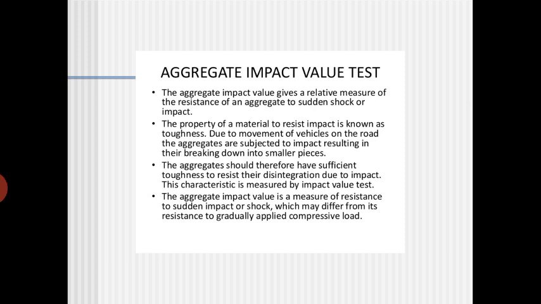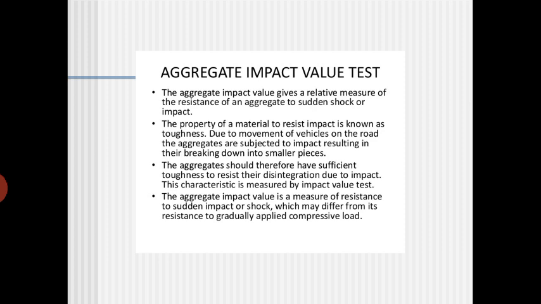Normally, if there is continuous movement of vehicles, it may not be any problem. But if the vehicle is moving fast, the aggregates always come in contact with a sudden impact first. If you see any road, the vehicle first comes in contact with the aggregate only.